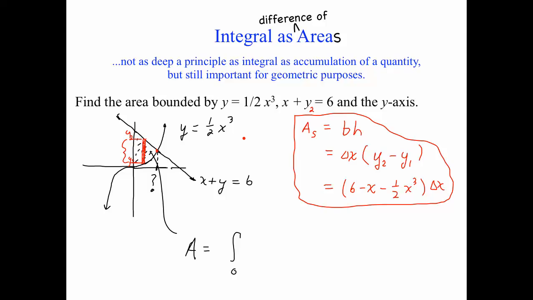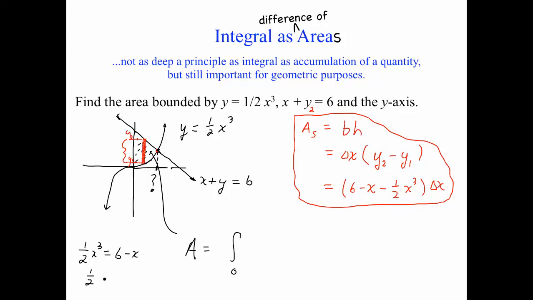So we need that x value of the intersection. We're going to solve this system of equations for the x that gives the same y, right? You have the same y value for both, and so we want to solve for x. So it's going to be 1/2 x cubed equals 6 minus x. We have to have a little bit of algebra here.